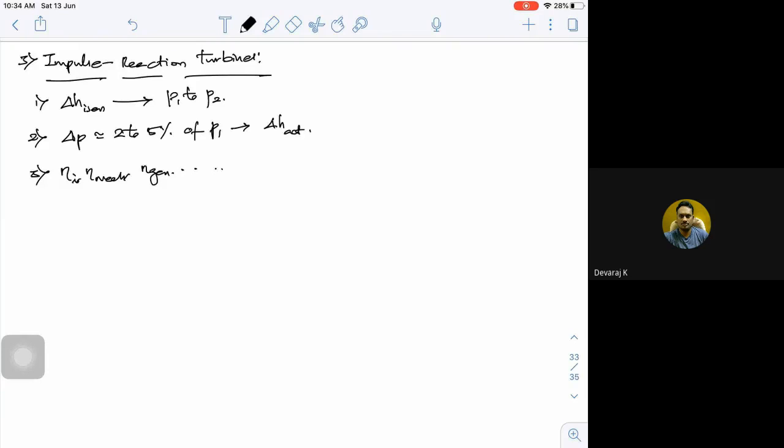The mass flow rate m dot is equal to your P generator divided by your delta H isentropic multiplied by your internal efficiency, your mechanical efficiency, and your generator efficiency. So whatever we did for the impulse case, the same thing will go here.